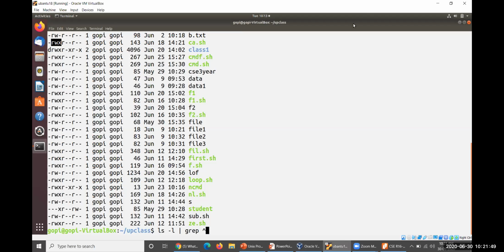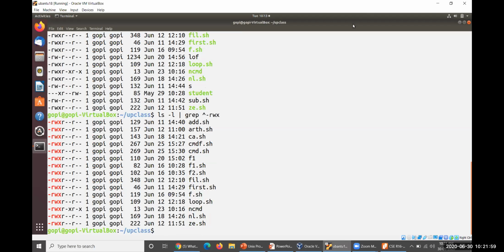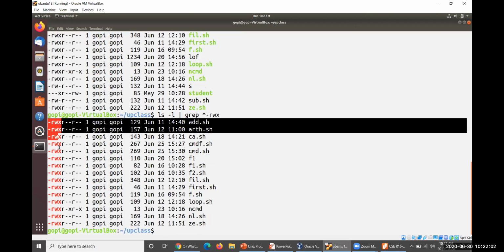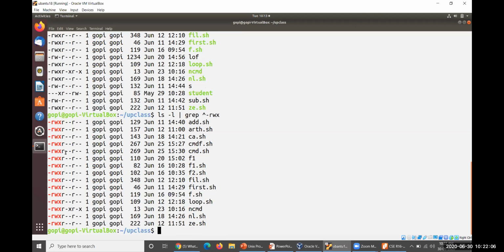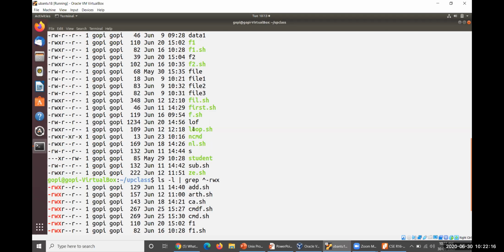It could start with a hyphen, and then RWX. You could observe this one. Only those things will be displayed. Understand? In this way you can talk about this, and sometimes I will also give you many exercises on this grep.